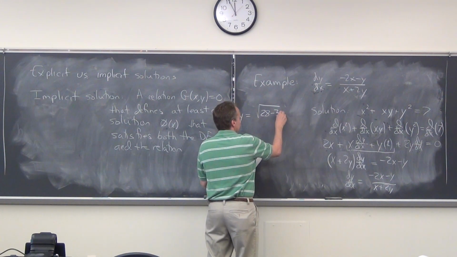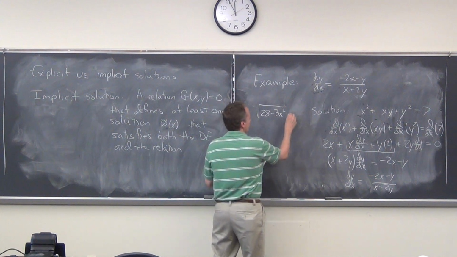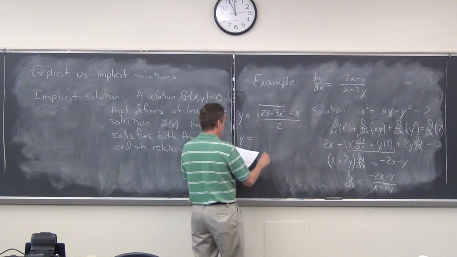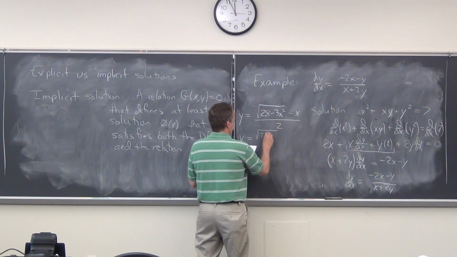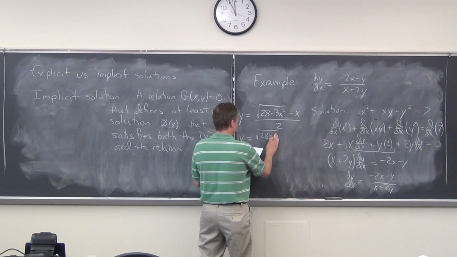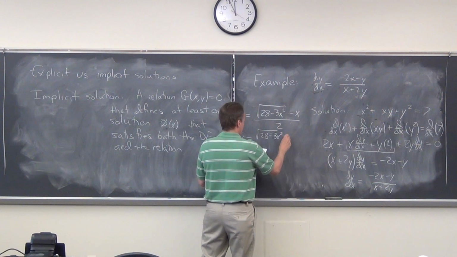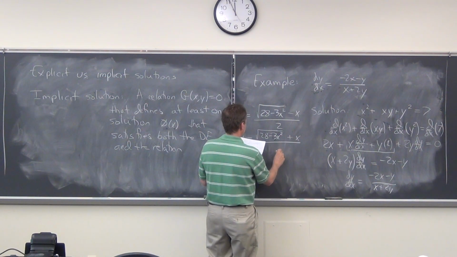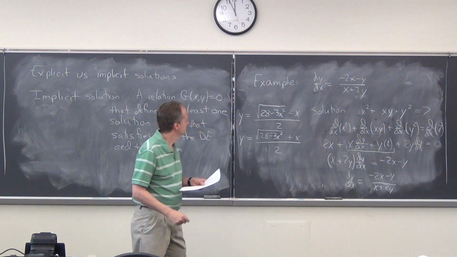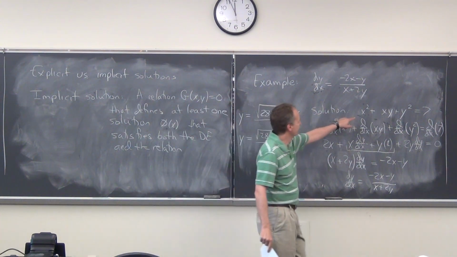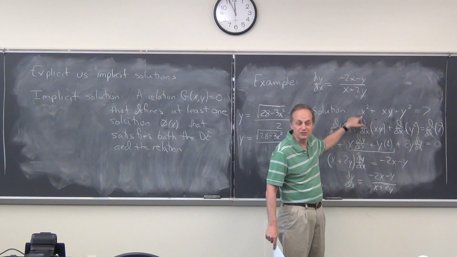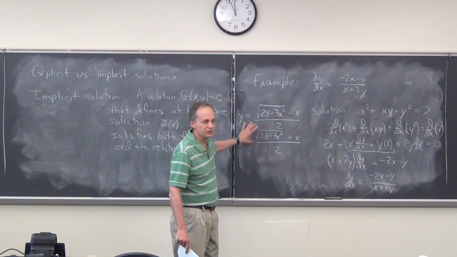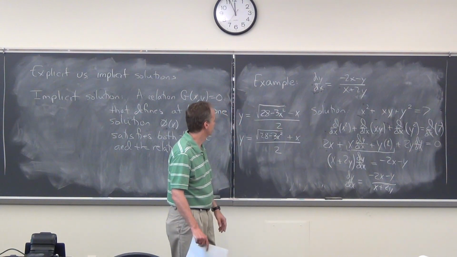I just want to at least once mention that if we chose to on this one, by the quadratic formula, treating x and x squared like constants, solve for y, get two solutions. You can kind of see the quadratic formula showing up there.